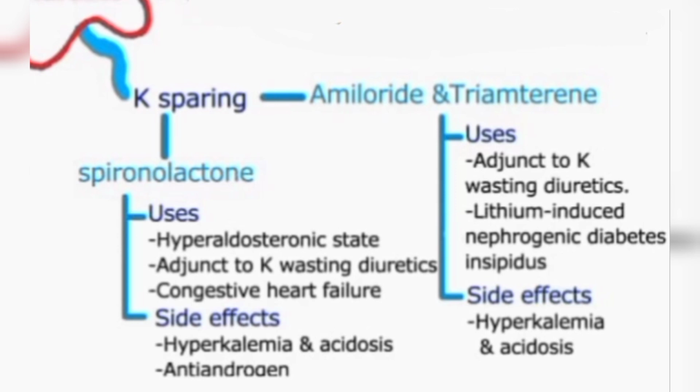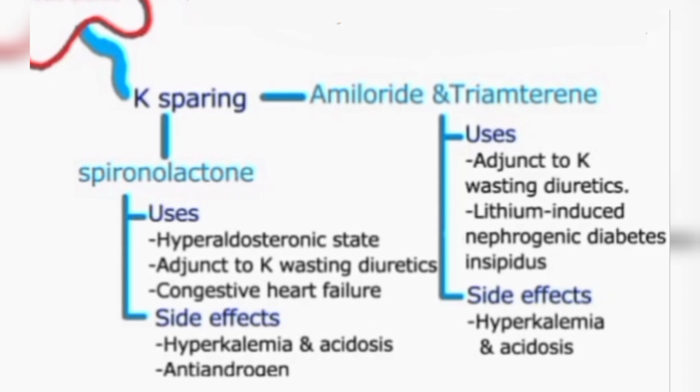Another drug is spironolactone. It is a synthetic steroid that acts as a competitive antagonist to aldosterone at the aldosterone receptor. The actions of the aldosterone antagonist depend on renal prostaglandin production. So what are the uses?